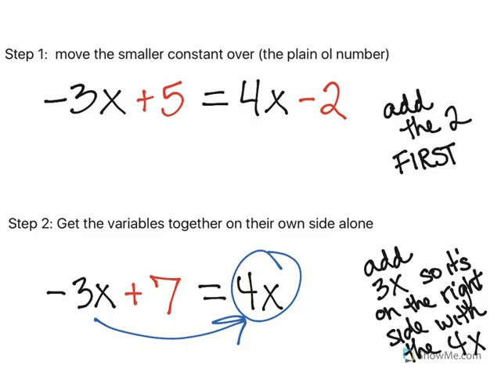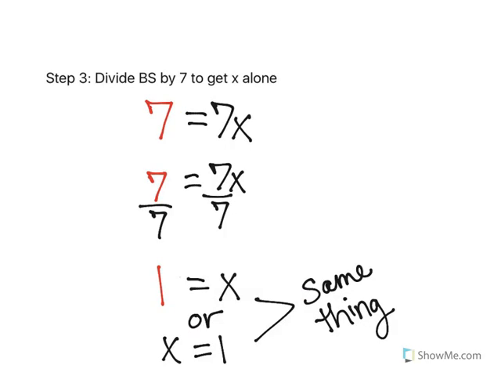How else can you solve it if your variables aren't together? So I'm going to add 3x so it's on the right side with the 4x. Then my last step would be, if I have 7 equals 7x, divide by 7, and my answer would be 1. x equals 1. 1 equals x or x equals 1 is the same thing.